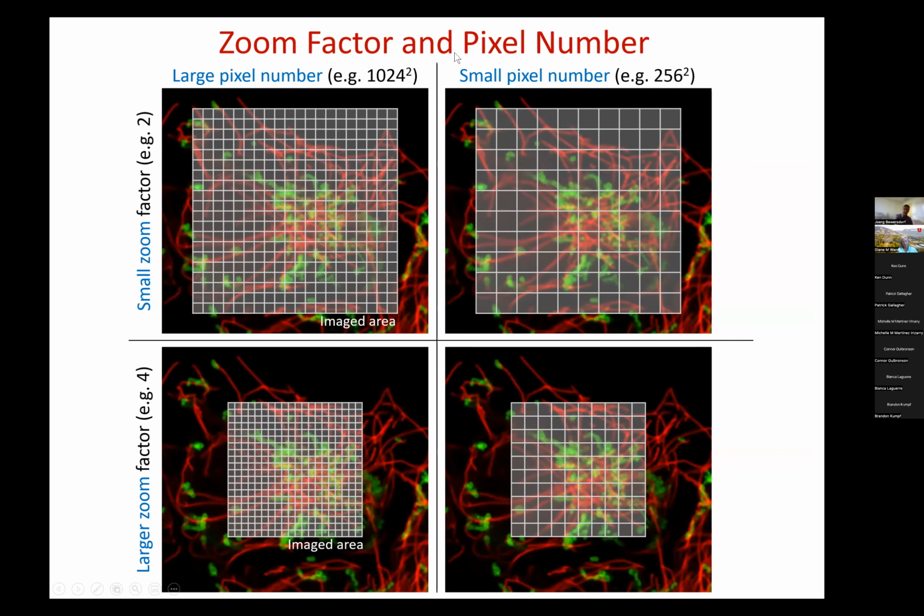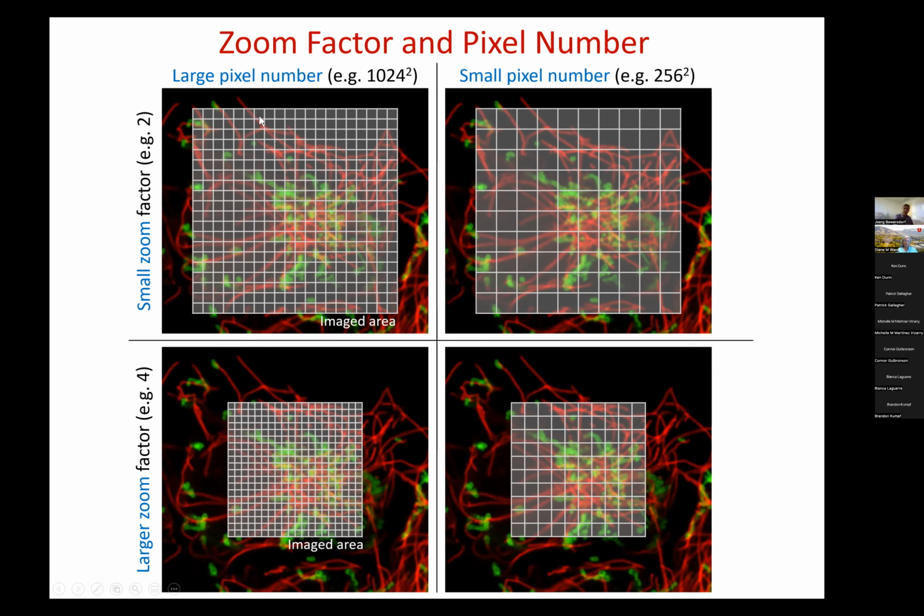Here you see a matrix of 4 different scenarios. In the different rows, you see the different zoom factors. Here we have a small zoom factor, which means we zoom in less and image a larger field of view. Here we have a larger zoom factor, we zoom in more and image a smaller field of view.